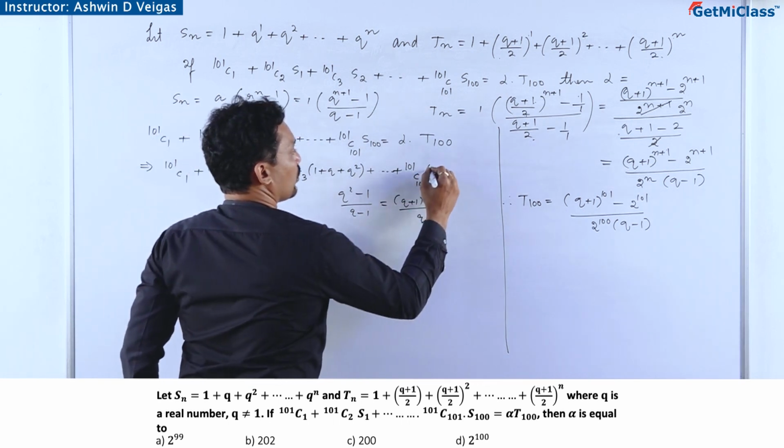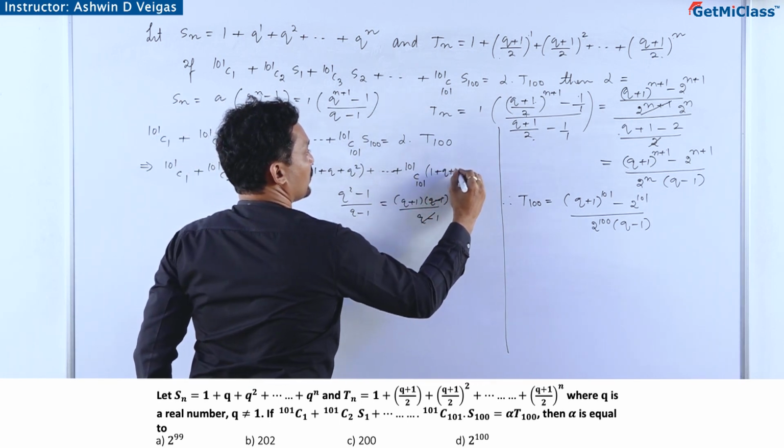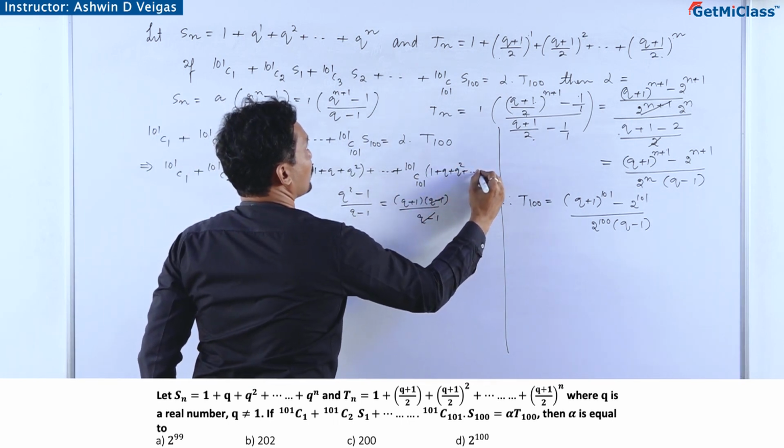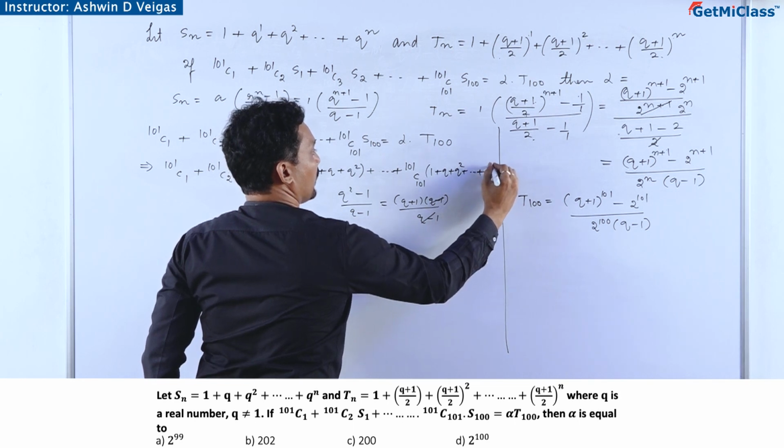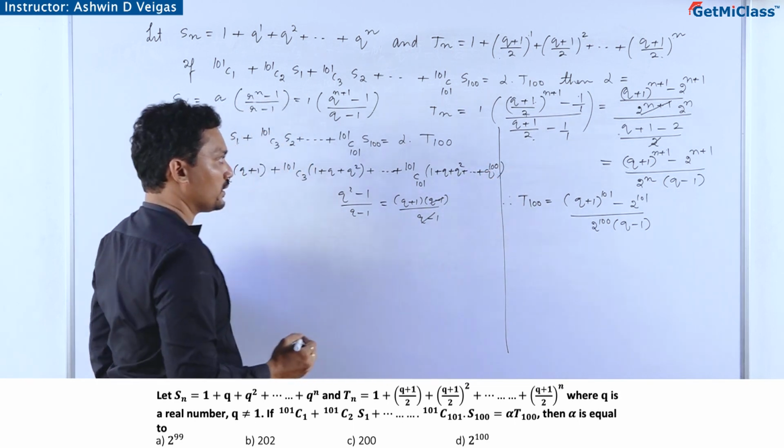So it will be 1 plus q plus q square, so on up to q power 100.